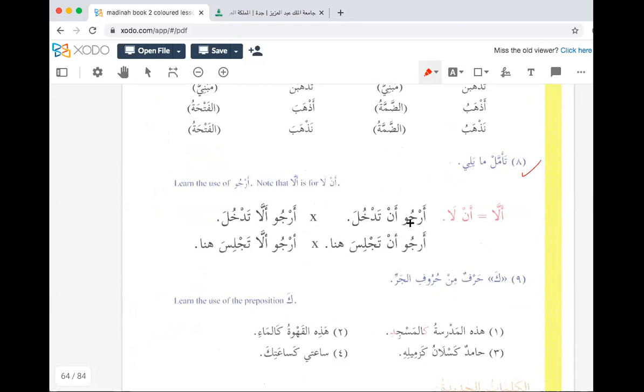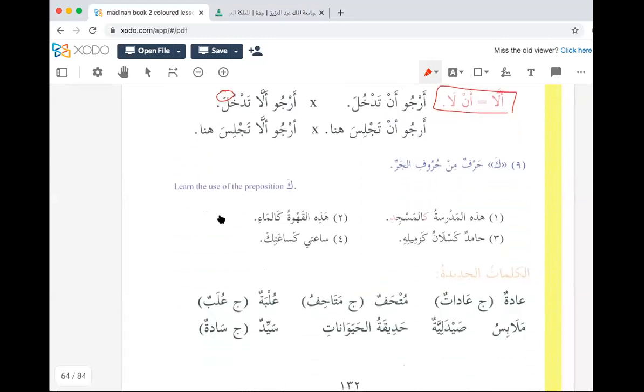Notice how. Arju an tadkhula. This is an and la together. Arju an la tadkhula. Even though there is a lam, it still takes the fatha, which is mansoob. Jayyid. Over here it tells you that kaf is harful jar. هذه القهوة كالماء. This guy's not pleased with his coffee.